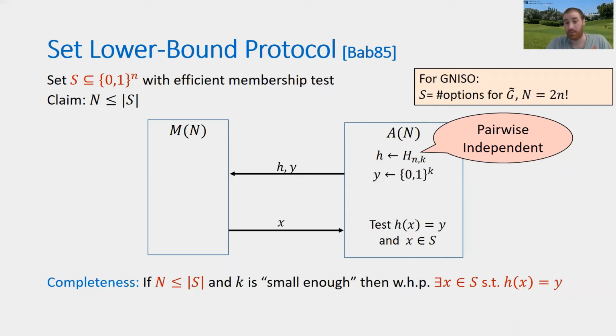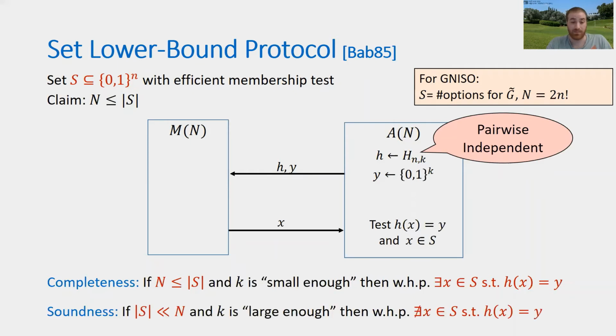So the prover will be able to return this. On the other hand, if the set is very small with respect to n, and the hash function is not very compressing with respect to the size of the set, then with high probability, most of the images y will not have some x in S that hashes to y.